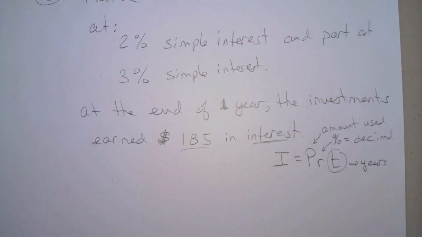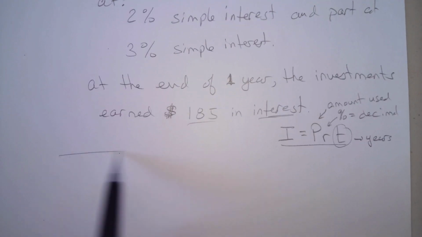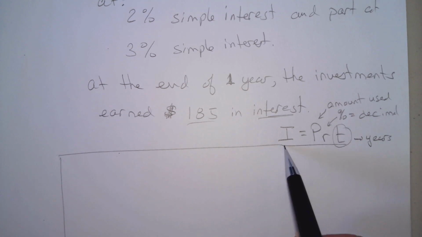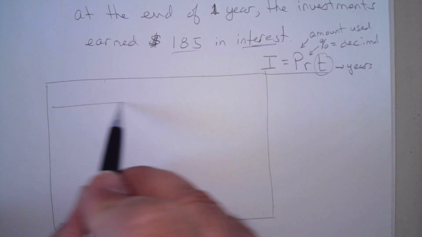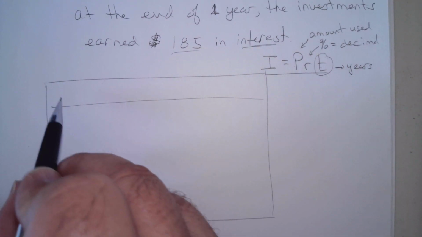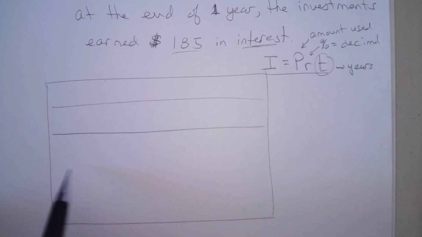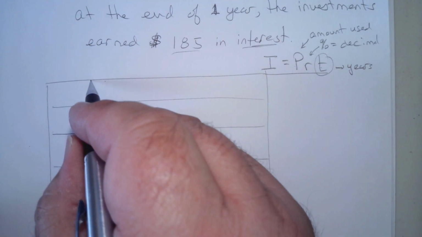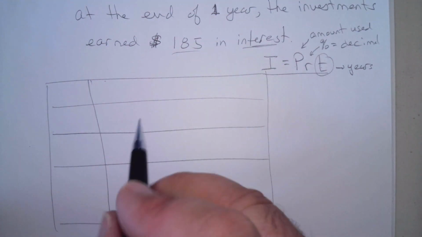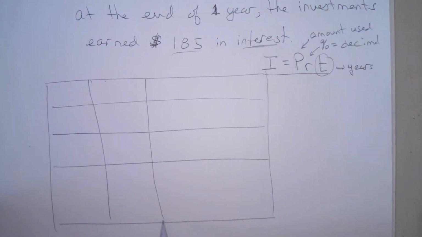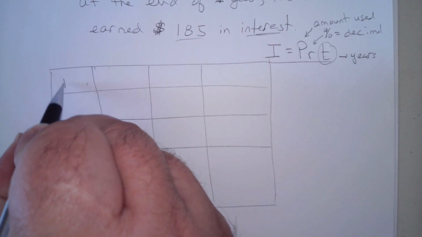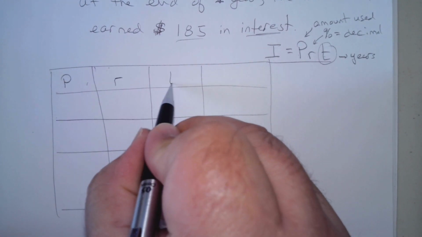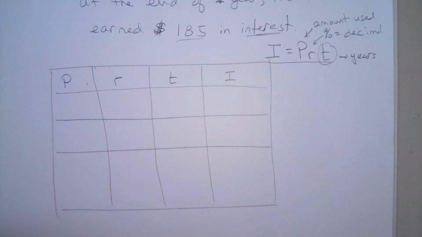So now we have our formula here. Let's create our little box to keep everything lined up. We need four columns: the principal, the rate, the time, and the interest.